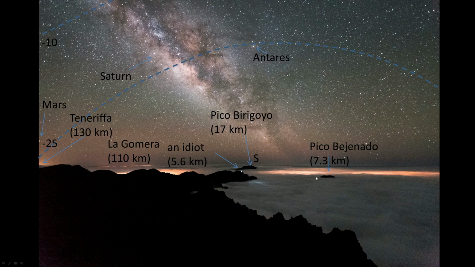Here Pico Bejenato just sticks out of the clouds, and I have here an idiot who thinks he has a moment here with nature, but of course everybody else who was up here at the same moment also had to have the same moment that he had, because he was shining his bright light on the cloud cover and was probably surprised that he can create a light spot on the cloud cover.